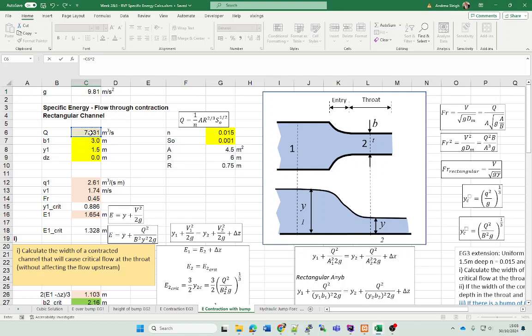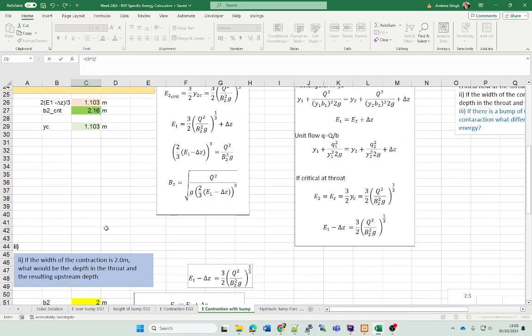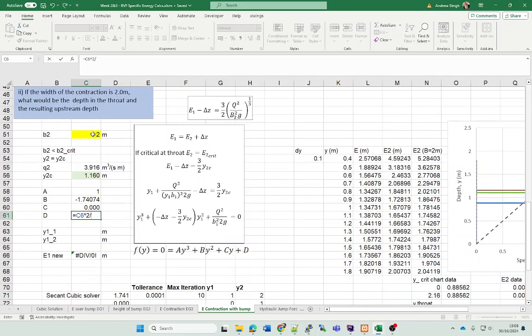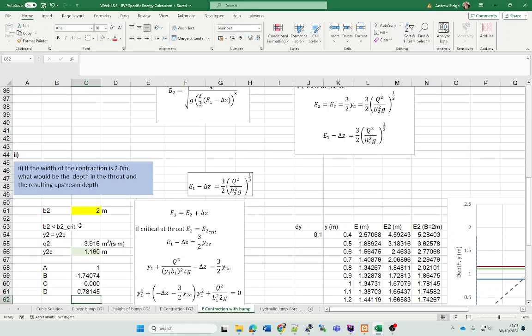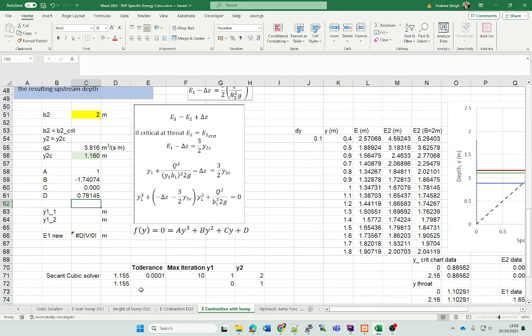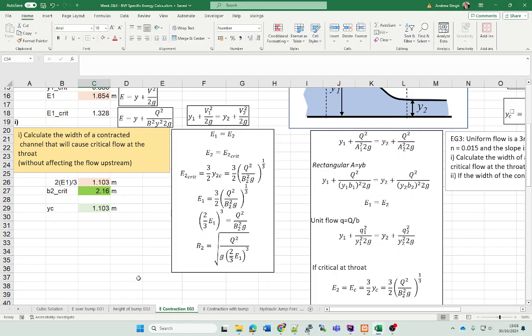Q squared over the width we have, which is B squared over 2 divided by G. And this we calculate from cubic solvers. 1.15, is that what we had before?